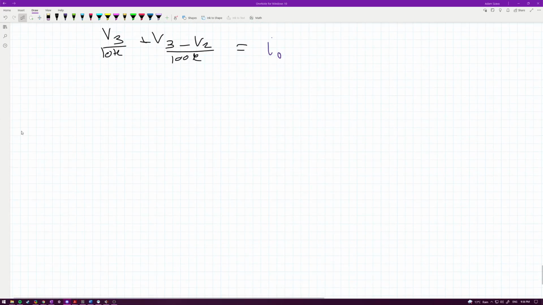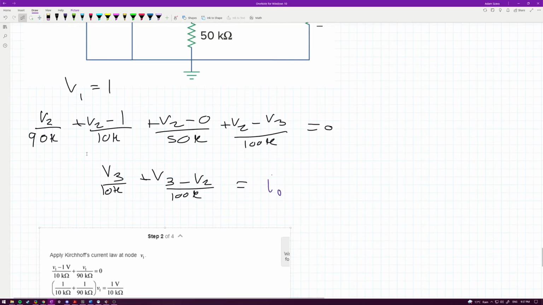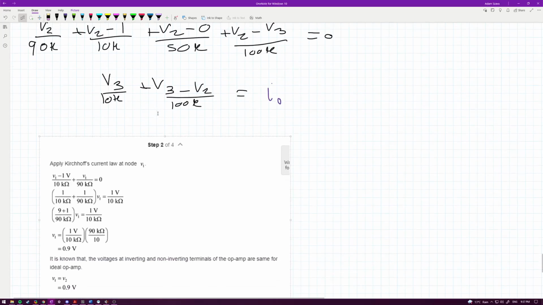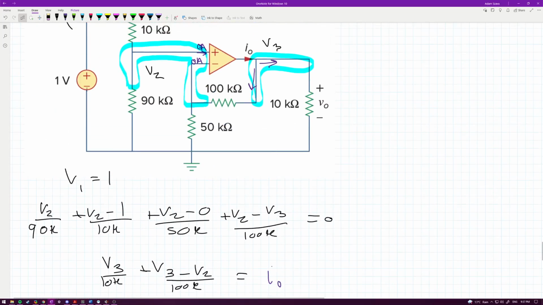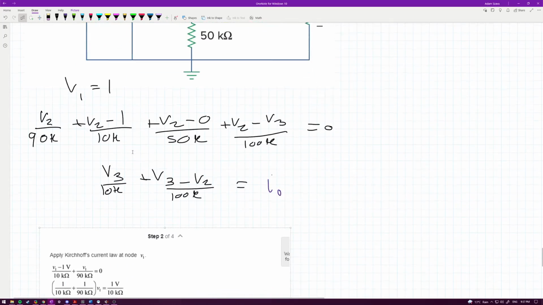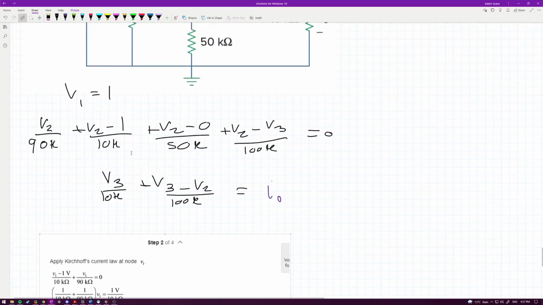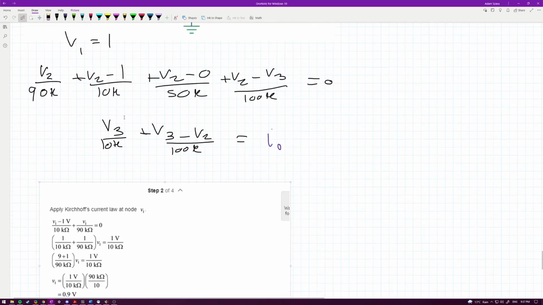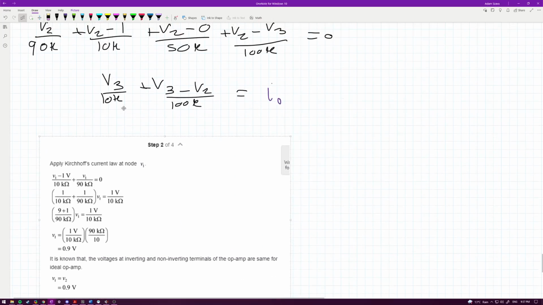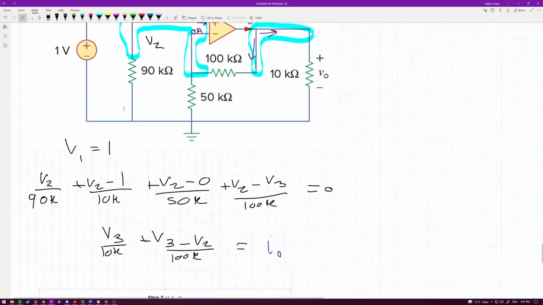Okay, so we get... How do they only get that? What, V1? They get V2 minus 1 over 10 plus V1 over 90.